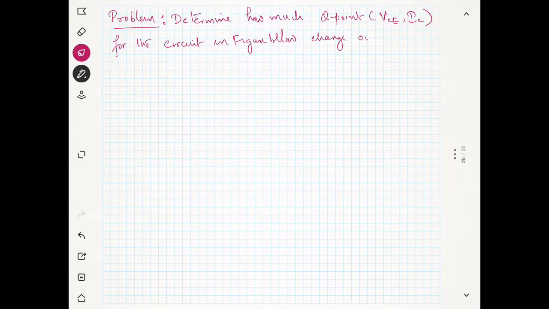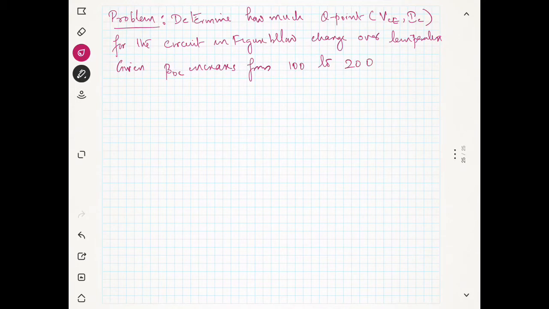Change over temperature, given that beta DC increases from 100 to 200, and it is here.